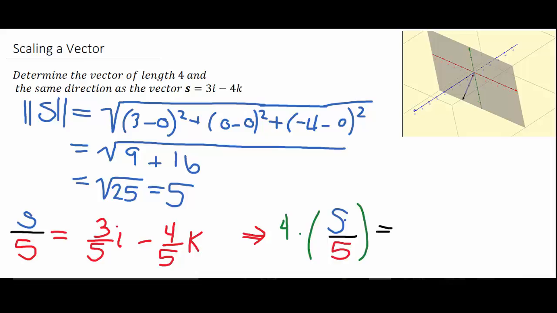That will get me my new vector, which will be 12/5 i minus 4 times 4 is 16/5 k. So here I have a vector of length 4 that's going in the same direction as my original vector s.